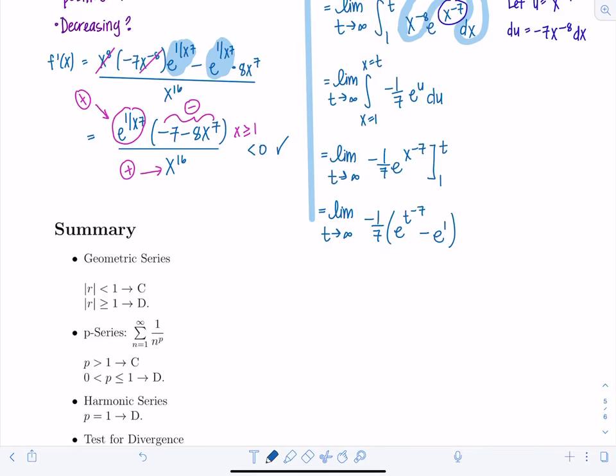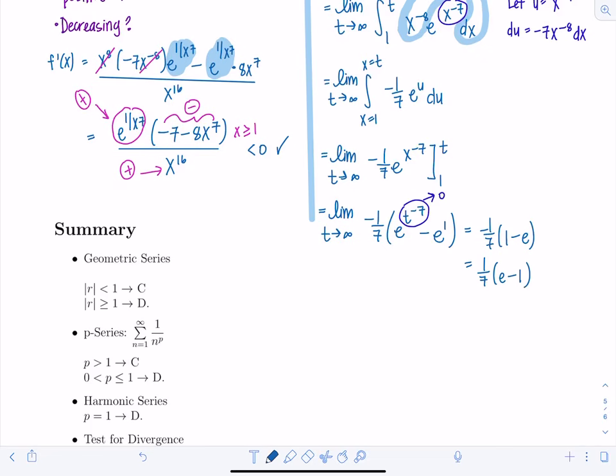So t to the negative 7th, as t approaches infinity, that's 1 over t to the 7th. So this exponent is going to be approaching 0. And e to the 0 is going to be 1. So this limit here is negative 1/7 times 1 minus e, which I can rewrite as 1/7 times e minus 1.